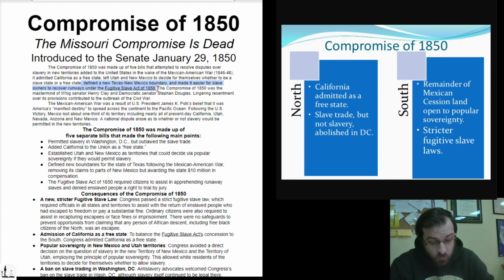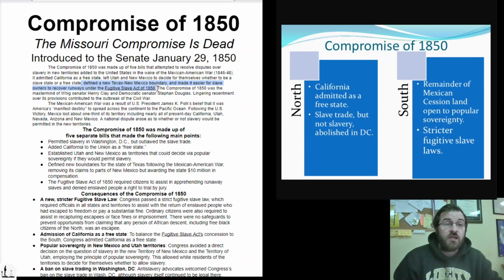Now, we're not going to have a page reading where we talk about the Fugitive Slave Act of 1850 because it's included in the Compromise of 1850. But if there's anything that makes the abolitionists in the North angry and the Southern slaves terrified, it's the Fugitive Slave Act of 1850.